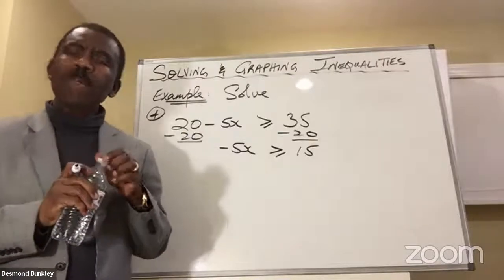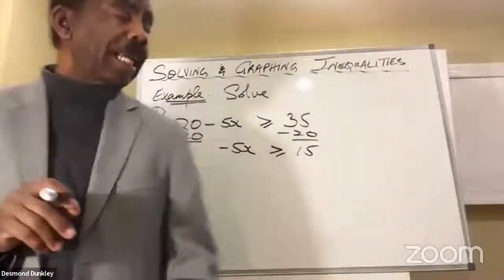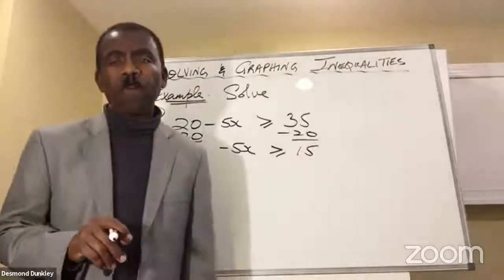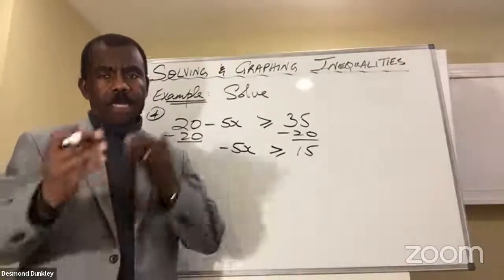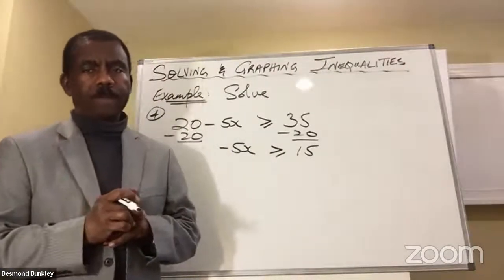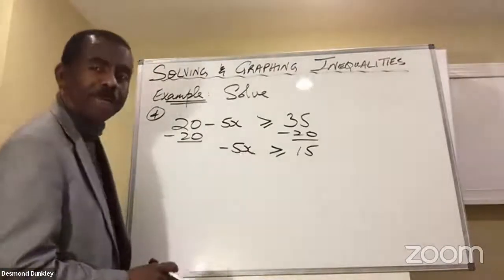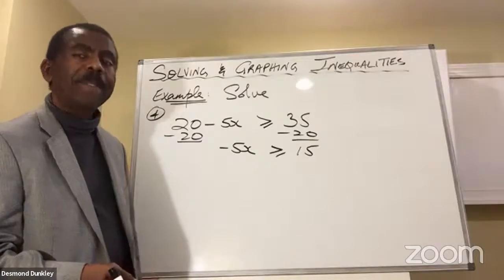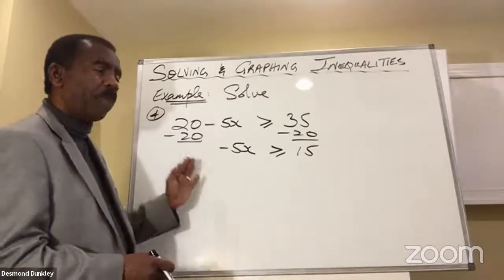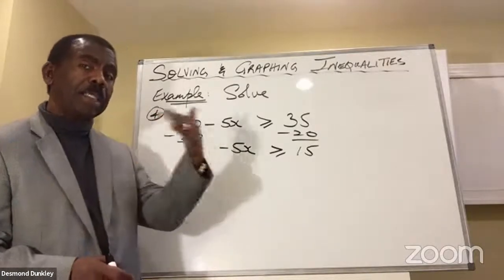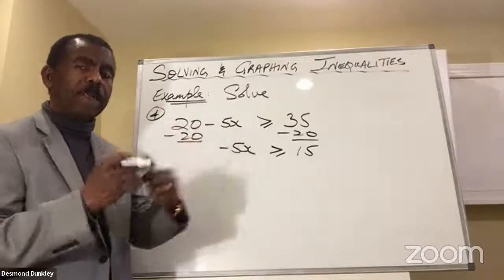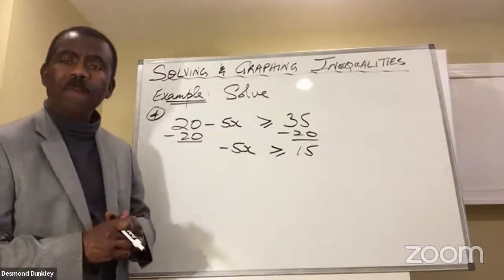In the previous example, we discovered that if you multiply both sides by negative 1, it changed the inequality. Guess what? If you divide by negative 5, by a negative quantity, it will also change. So if you multiply both sides by a negative number, it changes the inequality, it flips it. If you divide by a negative number, it flips it.